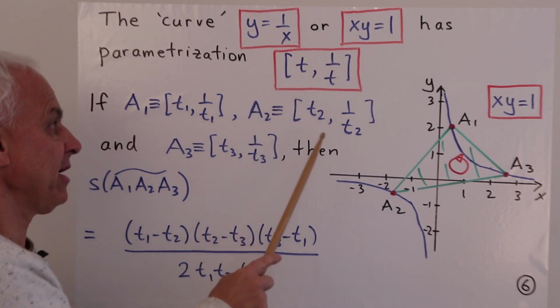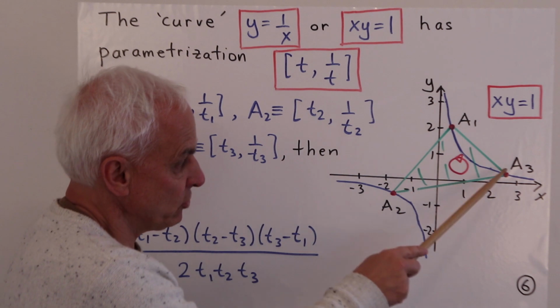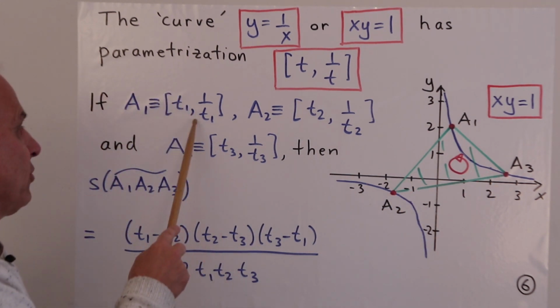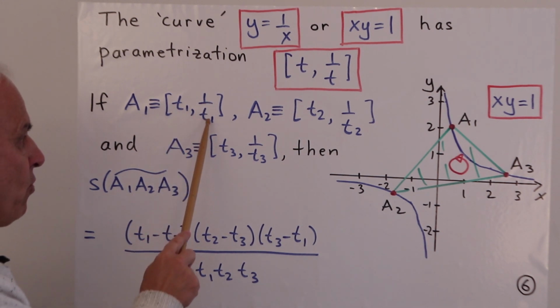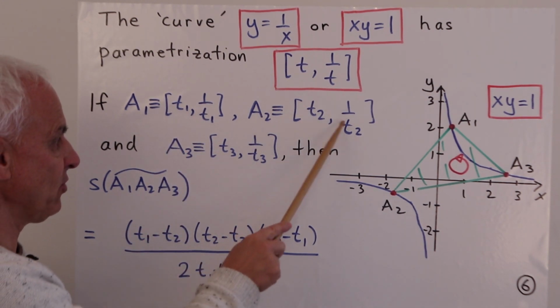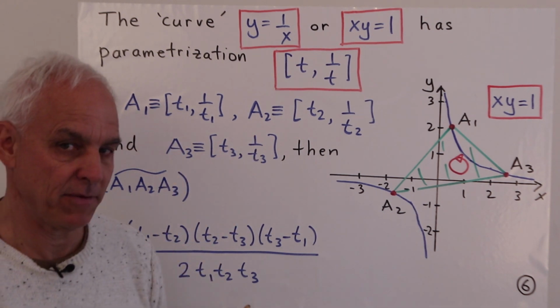So if x is t, then y is 1 over t. That's a parametrization. And so we can find 3 generic points by just using 3 different values. So a1 is t1, 1 over t1, a2 is t2 and 1 over t2, and a3 equals t3 and 1 over t3.